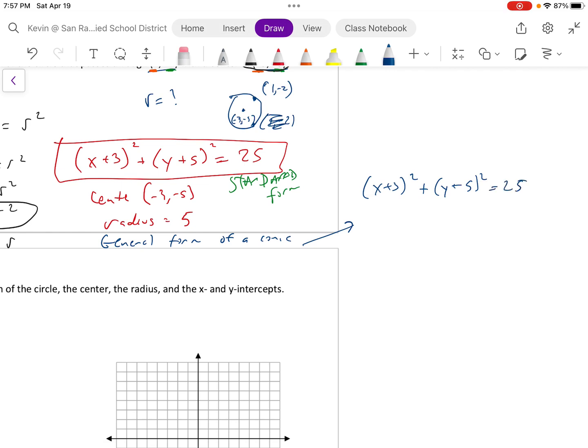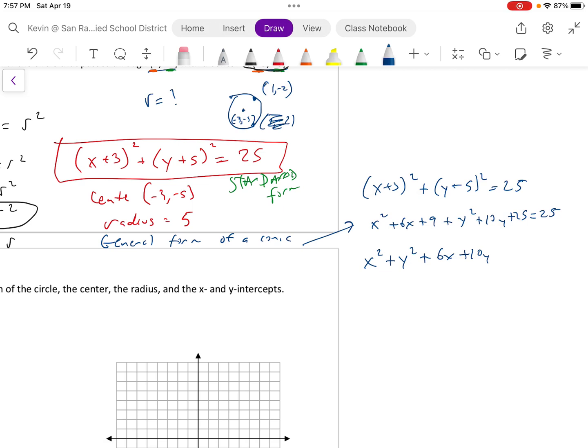So x plus 3 squared plus y plus 5 squared equals 25. This is going to be x squared plus 6x plus 9 plus y squared plus 10y plus 25 equals 25. Now I can simplify it and put everything together.